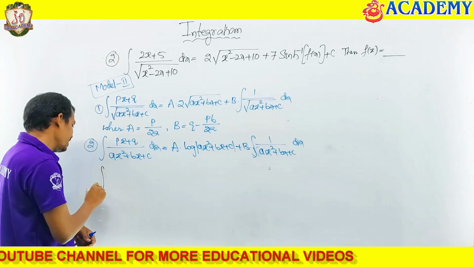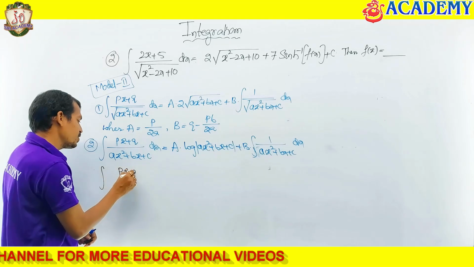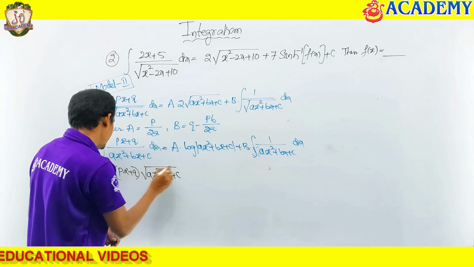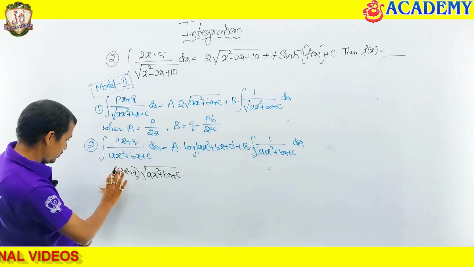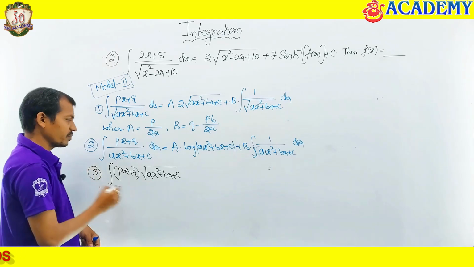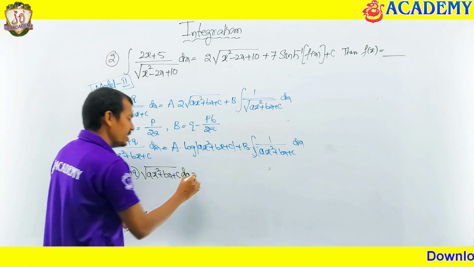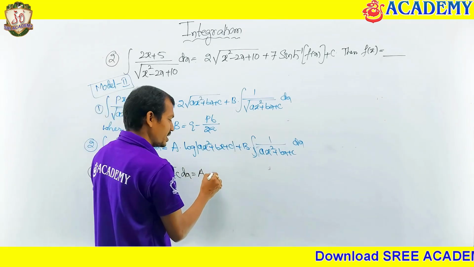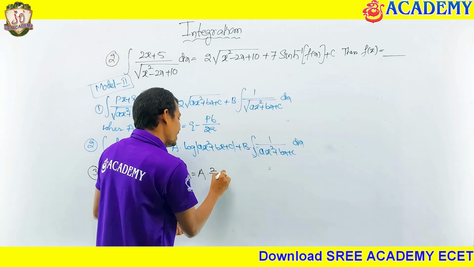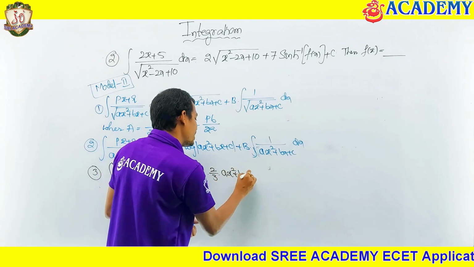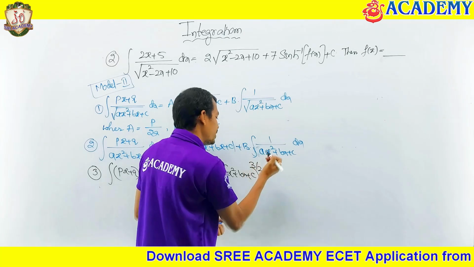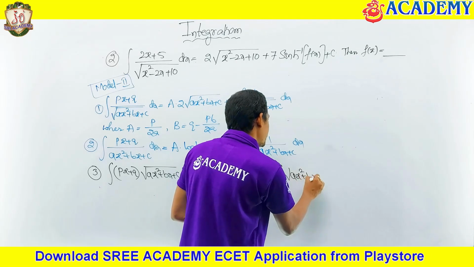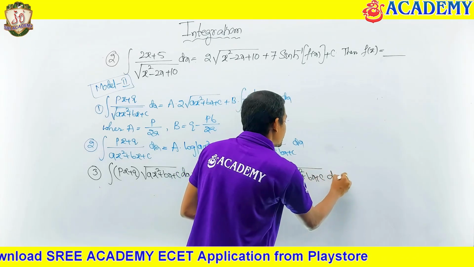And one more: px plus q into root over ax square plus bx plus c. The answer is going to be a into, that is root x integrates to x to the power of 3 by 2 by 3 by 2, that is 2 by 3 into ax square plus bx plus c whole to the power of 3 by 2, plus b into integral of root over ax square plus bx plus c dx.